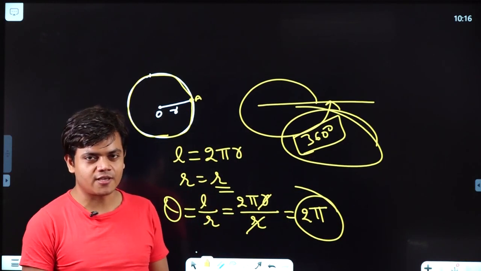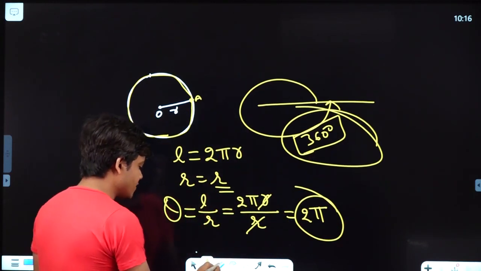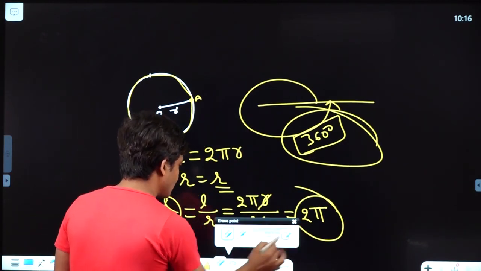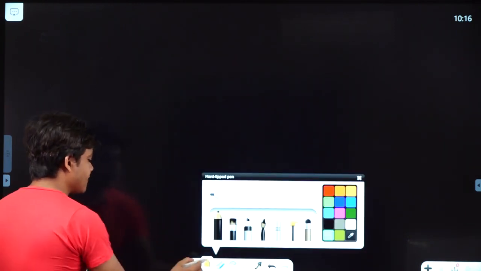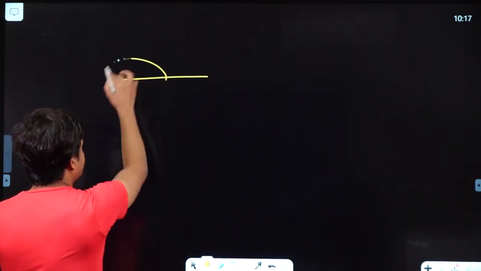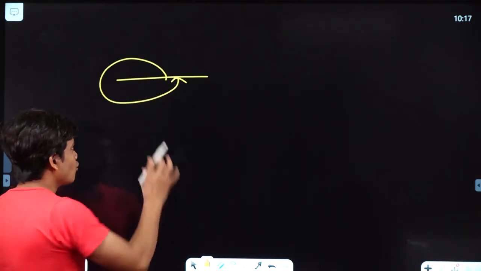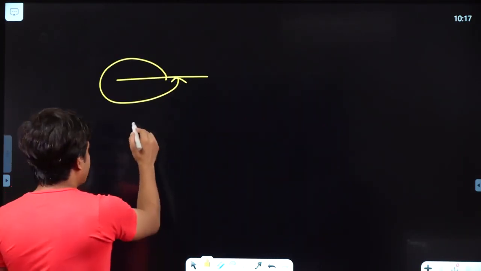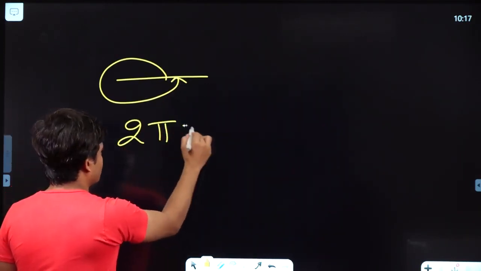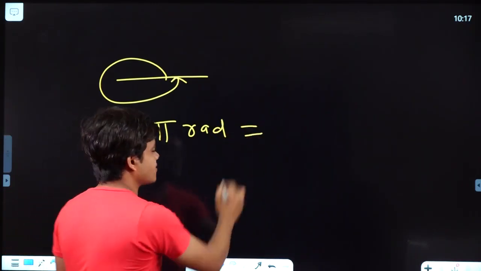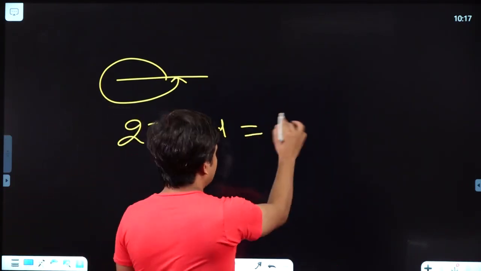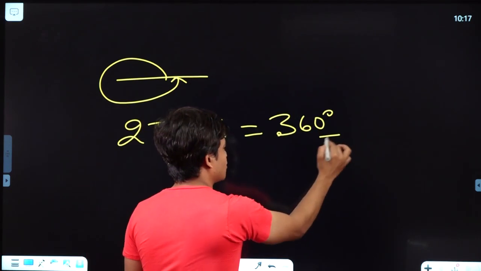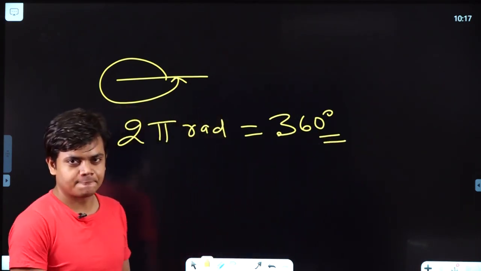So what shall you say? Certainly, you will say, we have seen during a complete revolution, what have we seen? That 2 pi radian is going to be obtained, and at the same time in the degree system a 360 degree angle is going to be obtained.